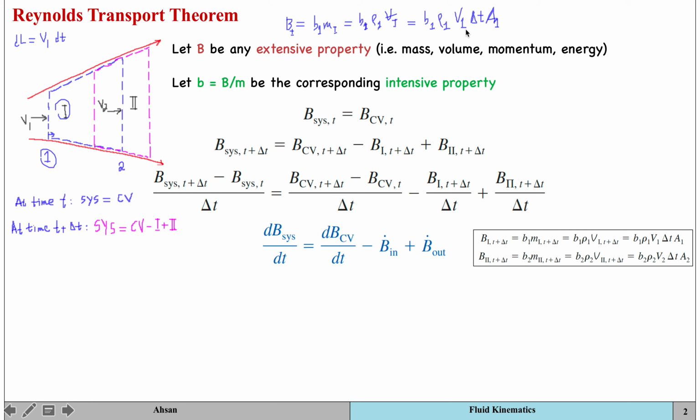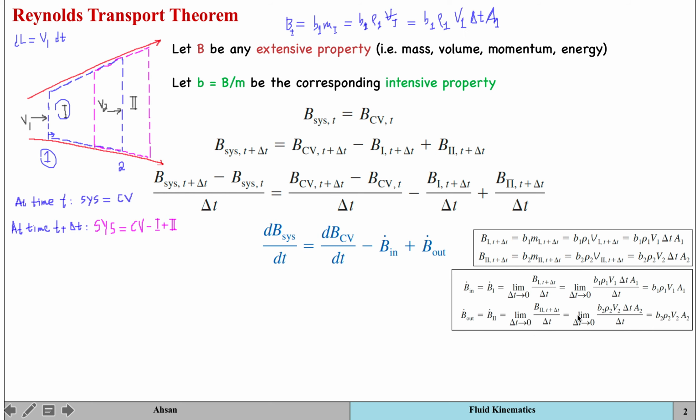And then when we apply the limits, we're dividing this term by delta t and this term by delta t as well, and then delta t gets cancelled out, and we're also applying the limit as delta t approaches 0. We simplify this in terms of small b1 into rho 1 into v1, which is velocity, into area 1, and just like that for the outgoing term as well, b dot out.